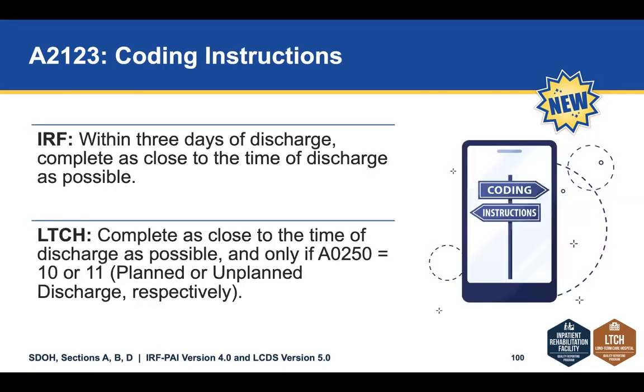Coding instructions for A2123 are similar to what we've been talking about. For the IRF, it must be completed within 3 days of discharge, as close to the time of discharge as possible. For LTAC, it is to be completed as close to the time of discharge as possible, only on the planned or unplanned discharge assessments. That is, if A0250 equals 10 or 11, respectively.